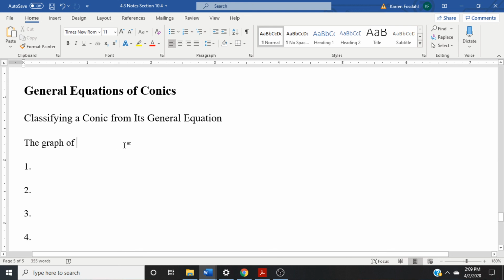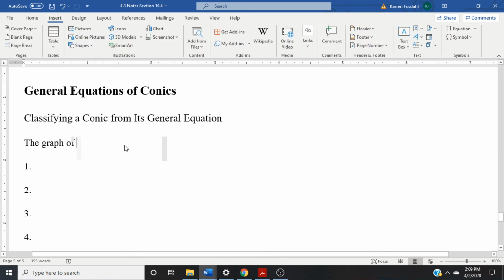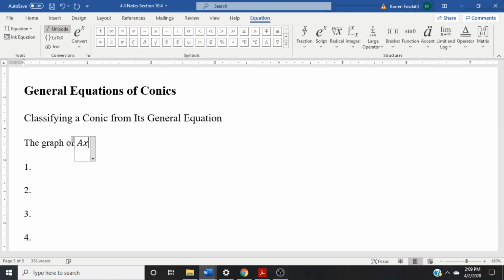Okay, the graph of the equation Ax squared plus Cy squared plus Dx plus Ey plus F equals 0.